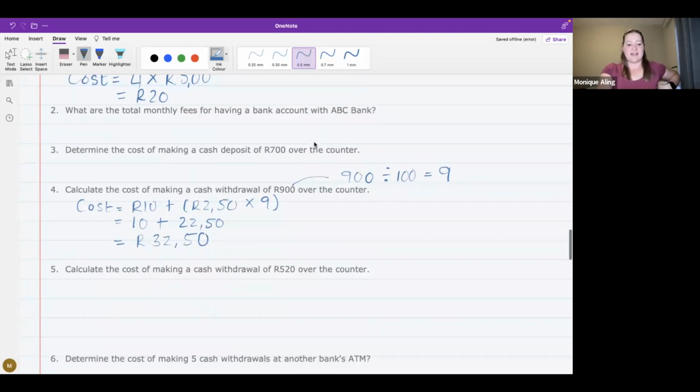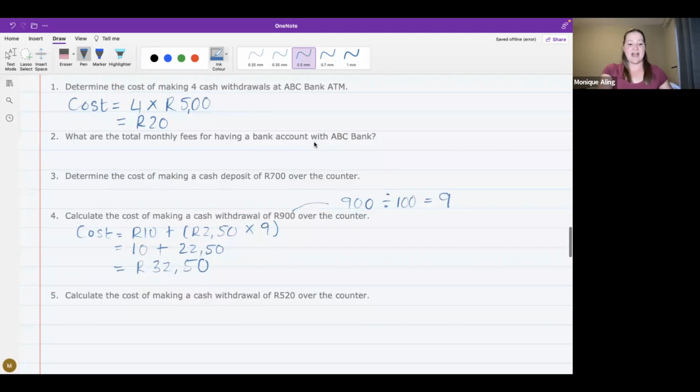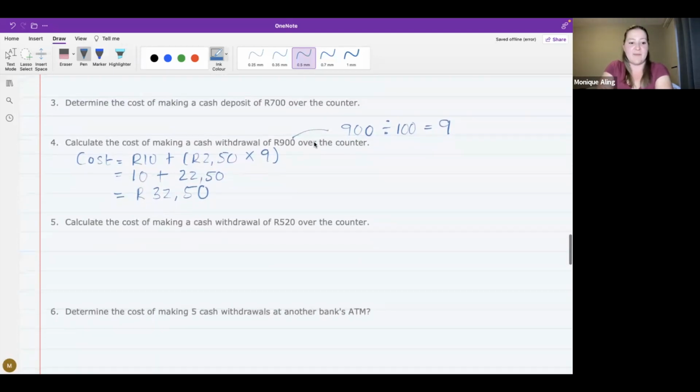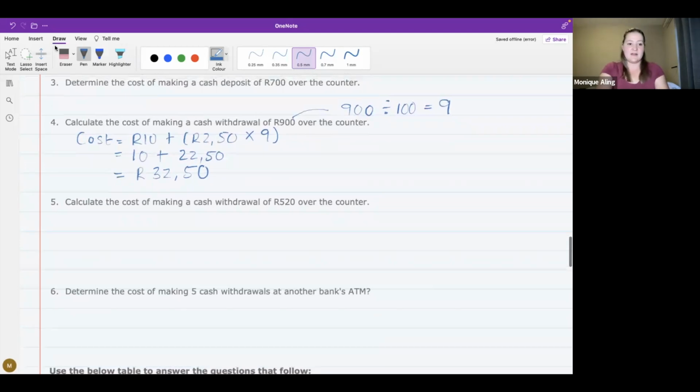Okay, looks like you guys are really getting this. Let's have a look at question 5. I'm going to quickly make space here.